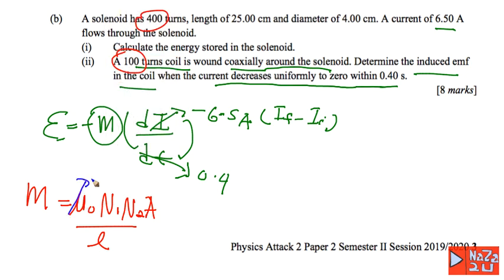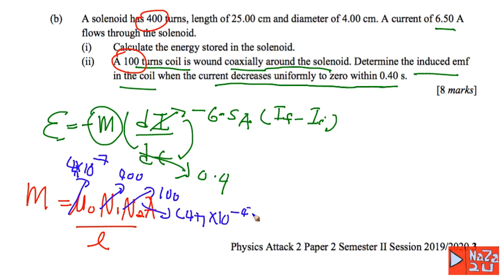The value of mu naught is 4 pi exponent minus 7, constant, and the number of turns N1 is 400, and the second is 100, and the area A is the same value as before, 4 pi times 10 exponent minus 4.